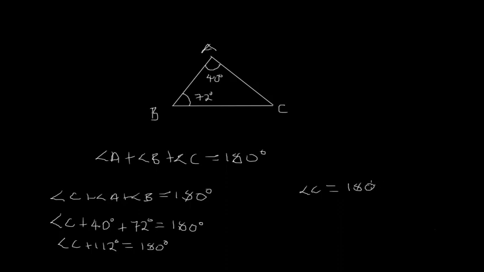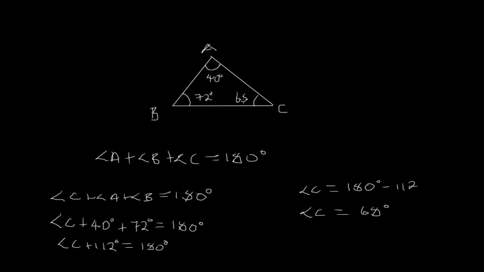180 minus 112. Okay, so what is 180 minus 112? Angle C is therefore equal to 68 degrees. So therefore our angle C is 68 degrees.